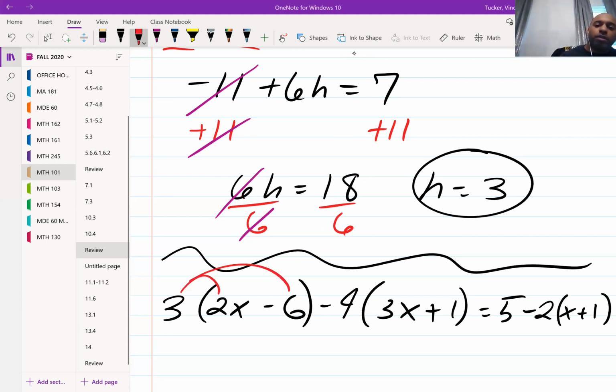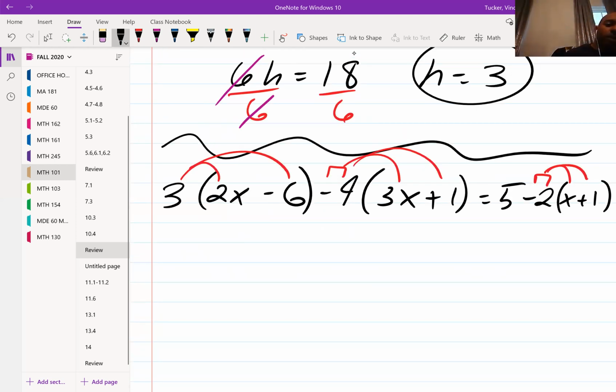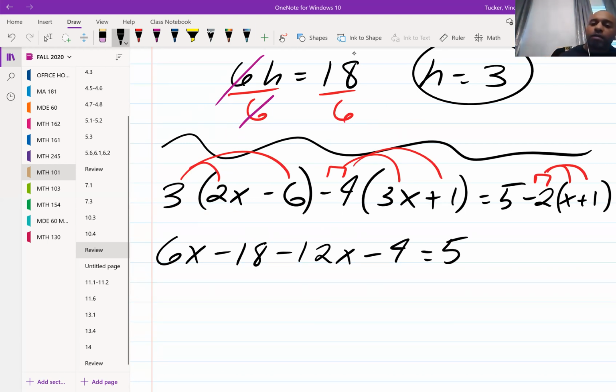Distribute 3 here, negative 4 here, and then negative 2 into this parentheses. There's going to be 6x minus 18 minus 12x minus 4. And then on the right side of the equation, 5 minus 2x minus 2. So make sure we are okay with that distribution before we go any further.